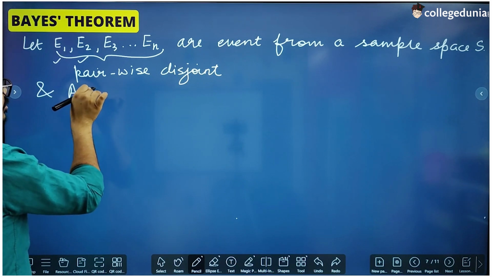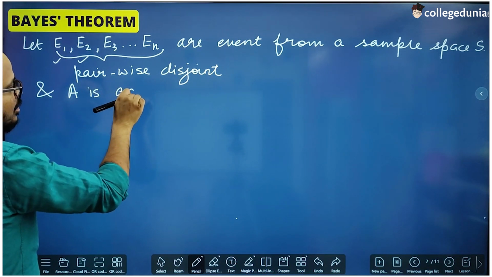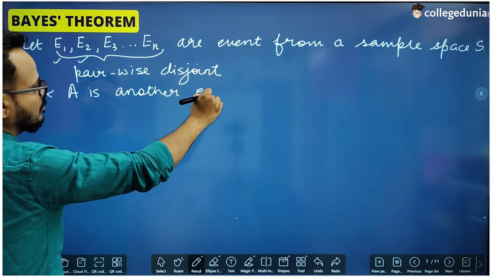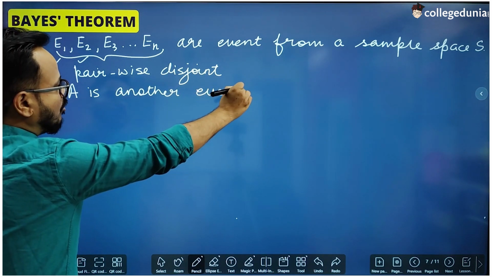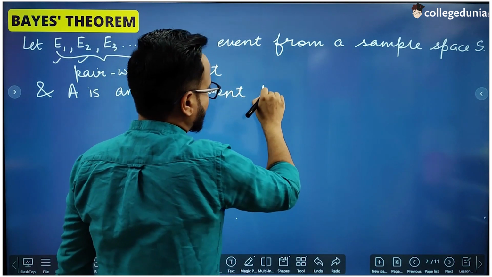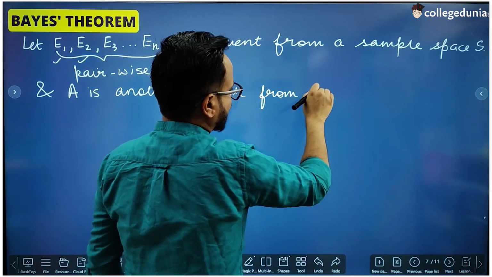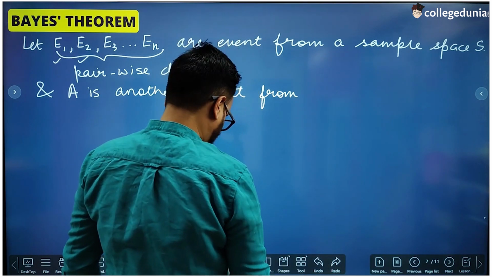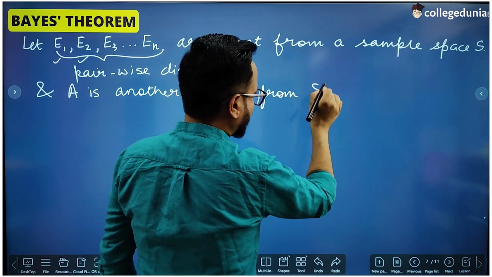And A is another event from the same sample space S, right?